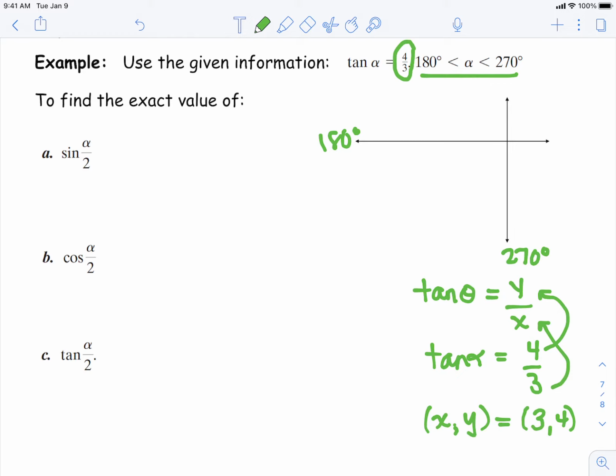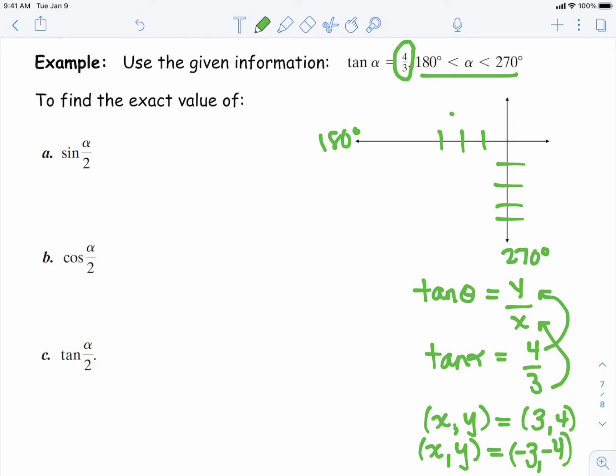So when we graph that in quadrant 3, it's actually going to be a -3 and a -4 to be able to go in quadrant 3. So x, y is -3, -4.